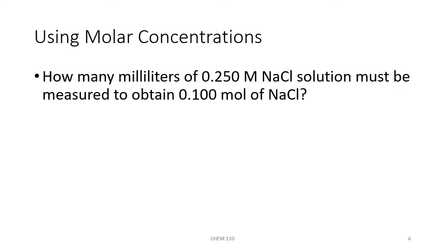So we need to figure out what volume in milliliters we would actually need to measure out that would contain 0.1 moles of our sodium chloride. So we need to start with what we are given. Now it looks like we're given two things, but our 0.250 molar sodium chloride, that's our conversion factor.